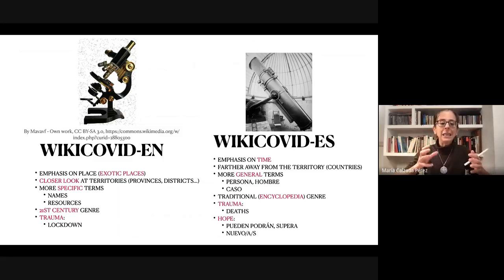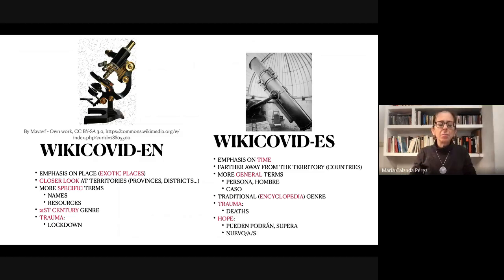WikiCovid EN uses more specific key terms, names, specific resources, like specific drugs that are used to fight coronavirus, whereas WikiCovid ES uses more general terms like persona, hombre, caso.